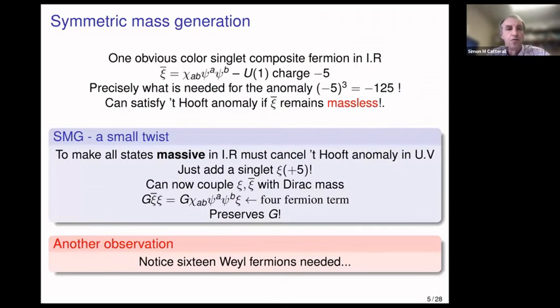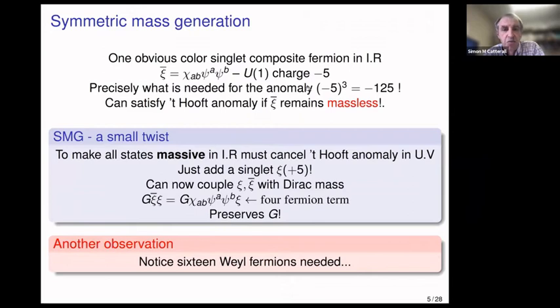All right, so there's one obvious color singlet you can write down in the IR, and it just corresponds to coupling the 10 to 2 of these 5s. And so you can just count the charges, and this thing has U1 charge minus 5. And then you notice that's remarkably exactly what you need to get the minus 125 you computed in the UV.